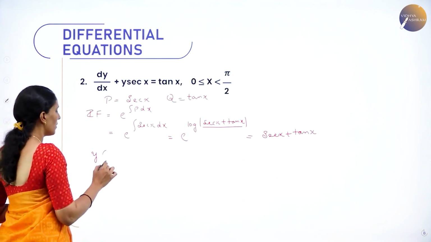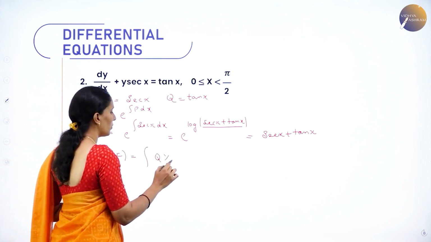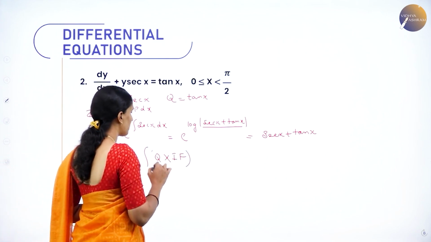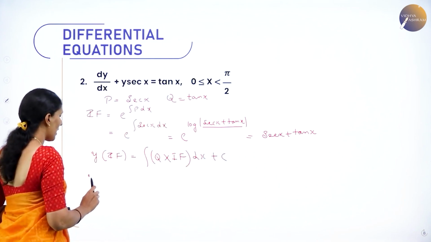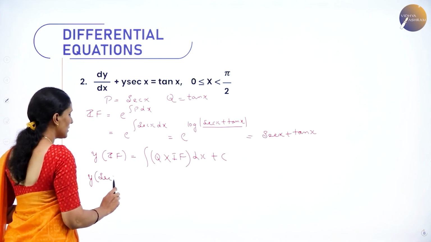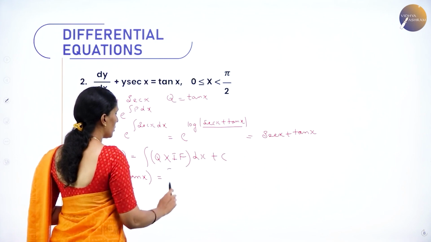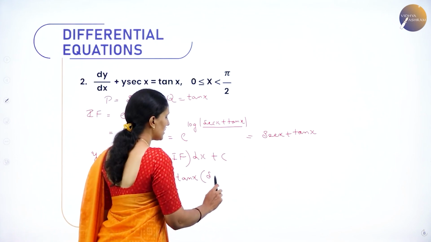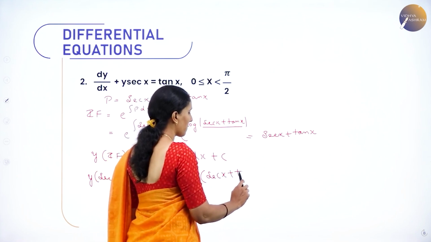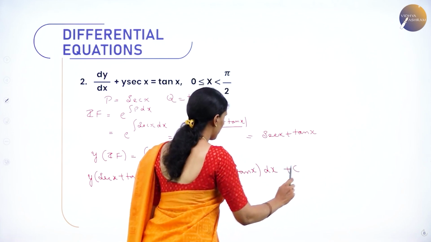Use the solution, y into integral factor is integral of q into integral factor with respect to x plus c. Substituting here we have y into secant x plus tan x. Q is tan x here. So tan x into secant x plus tan x with respect to dx plus c.